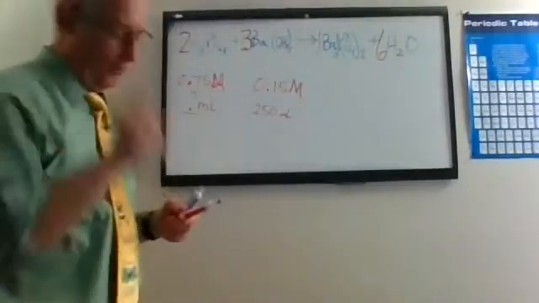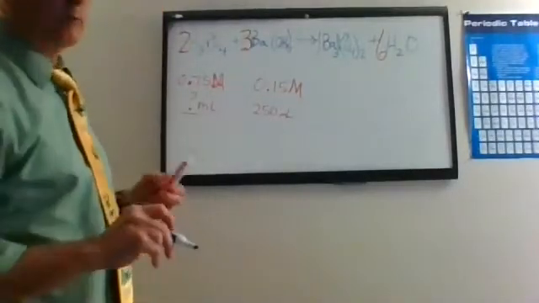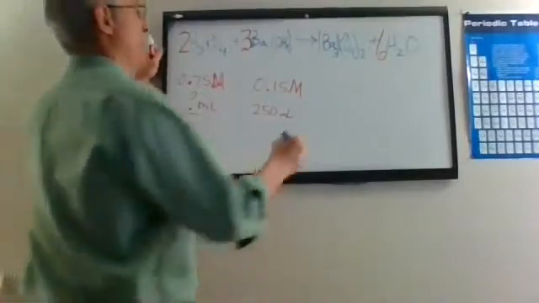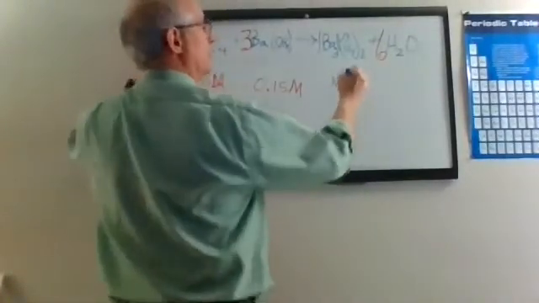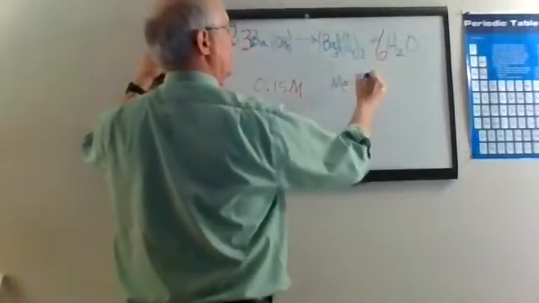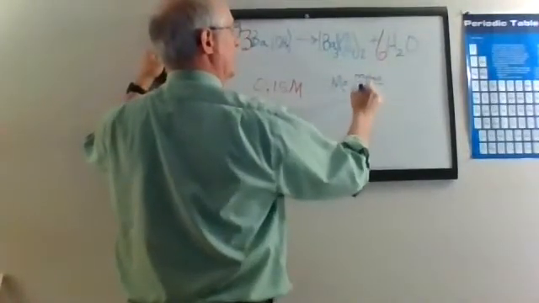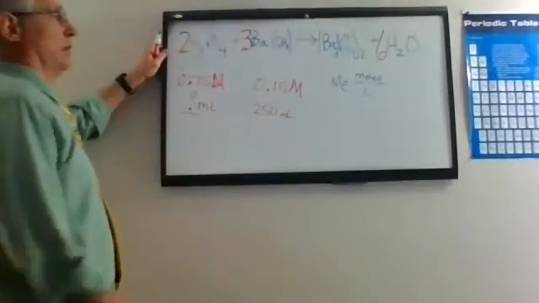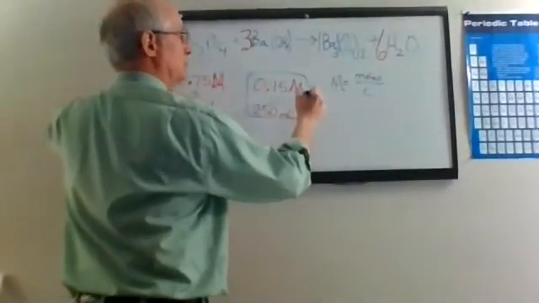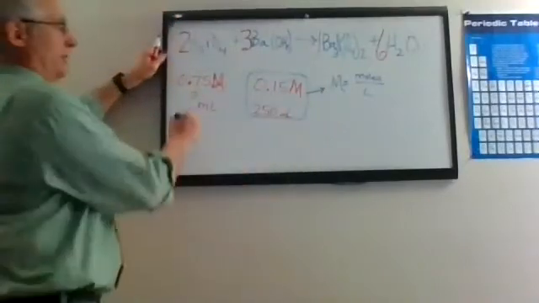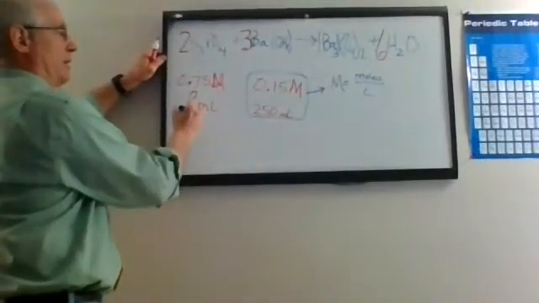Okay, now the question is this. What is the formula for molarity? Isn't molarity equal to moles per liter. Well, let's take the stuff that we do have and plug that into the equation, because this includes stuff that we do not have.